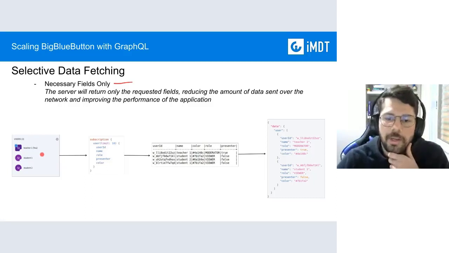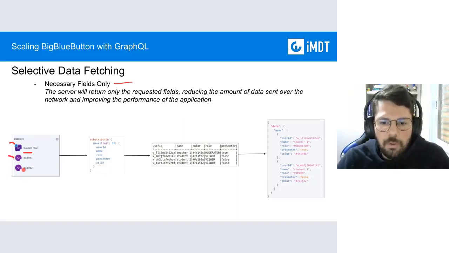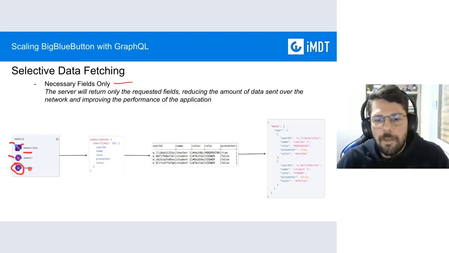Let's say we want to render the user list. Okay, what do you need for the user list? You need the username. You need to know if he's presenter or not. We need to know the user color. We need to know the user role, whether it's viewer or admin, moderator. So, okay, I just need these fields, nothing more.